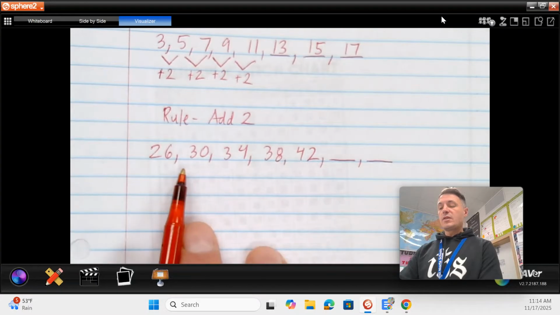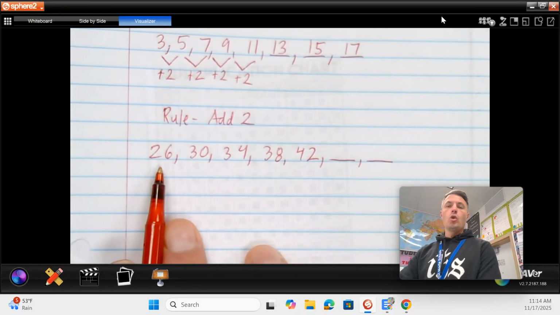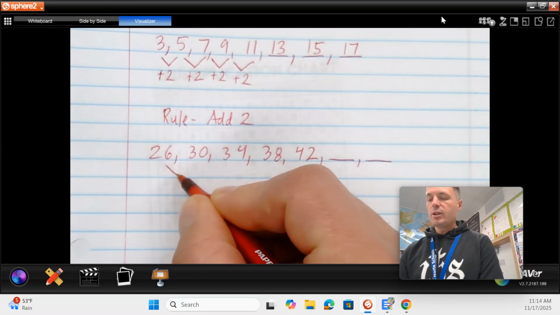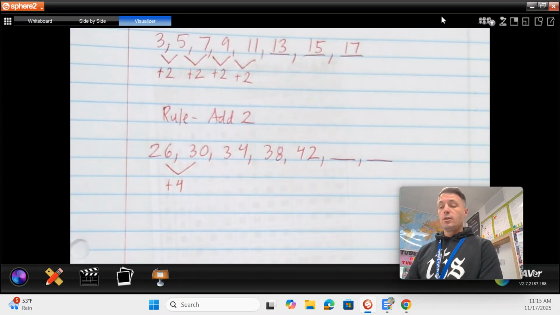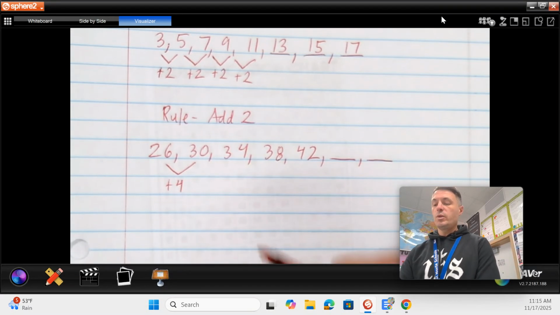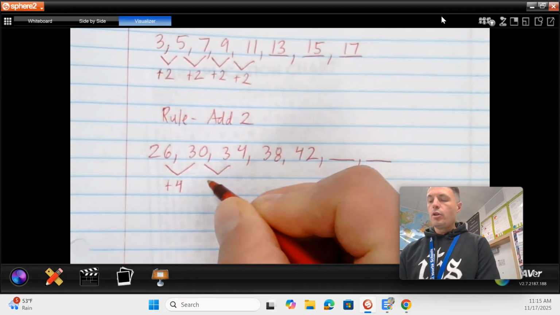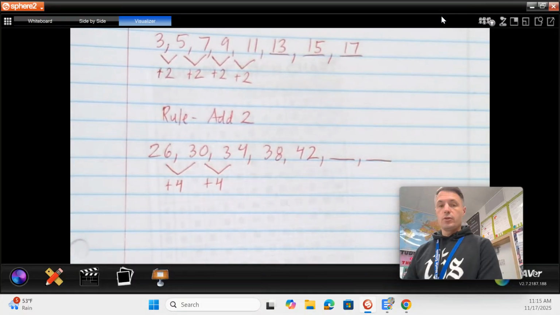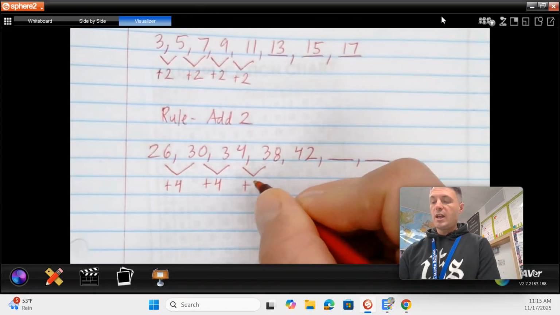So what would we have to add or multiply by 26 to get to 30? Well, no whole number times 26 equals 30, but 26 plus 4 equals 30. So now we see if that holds true for all the rest of the numbers. If it does, it means we've found the rule for this pattern. 30 plus 4 is 34. 34 plus 4 is 38.